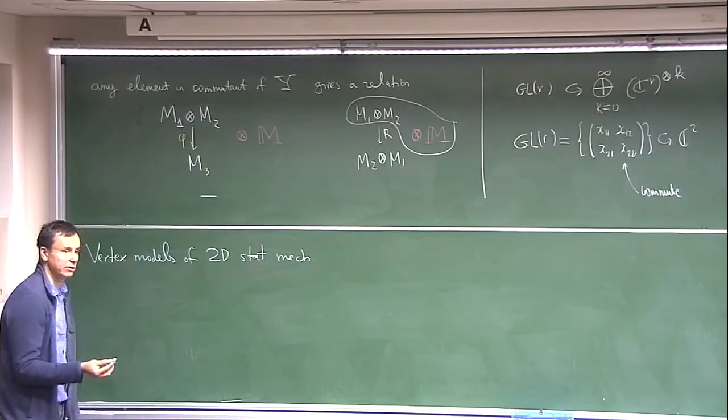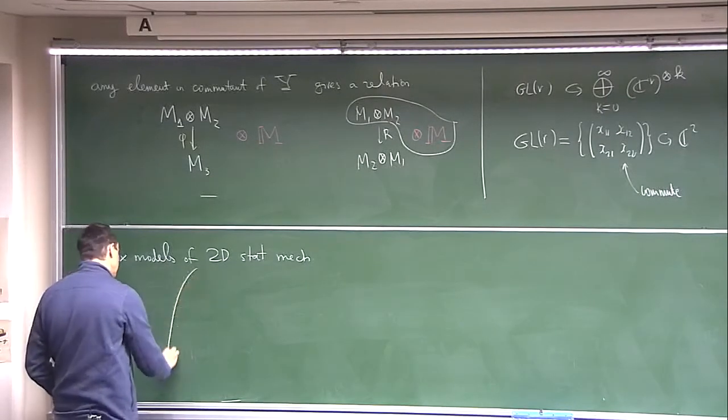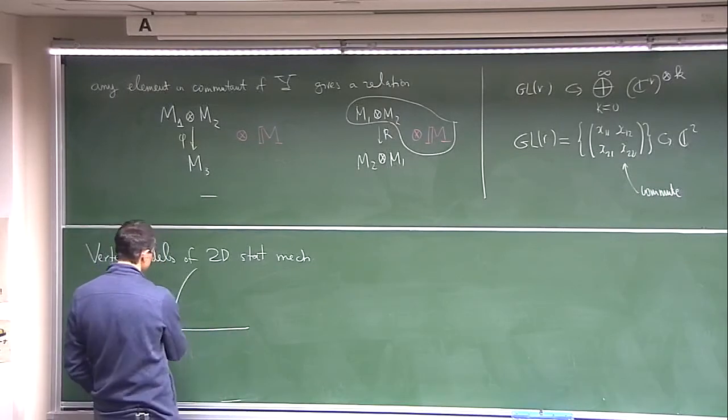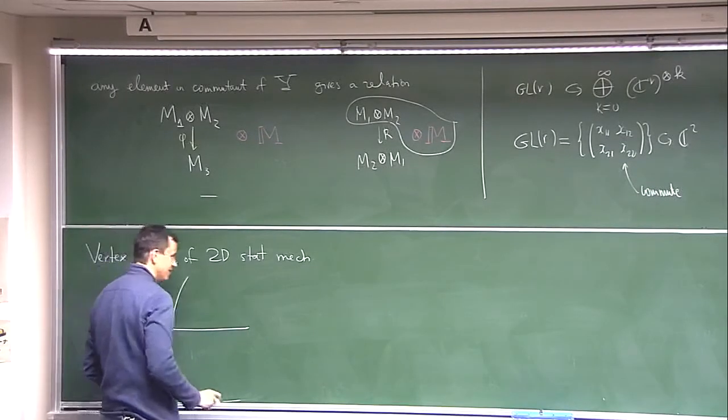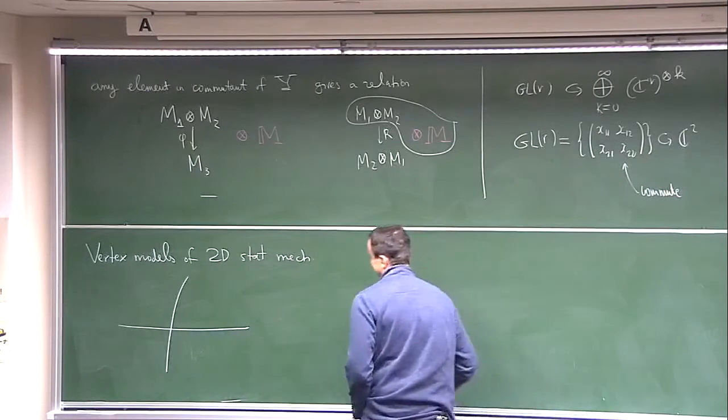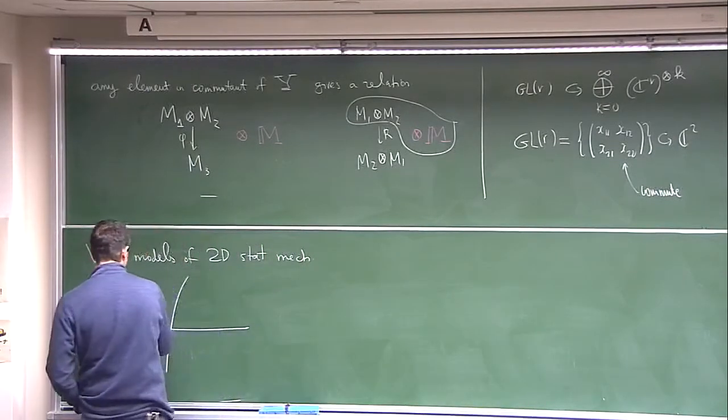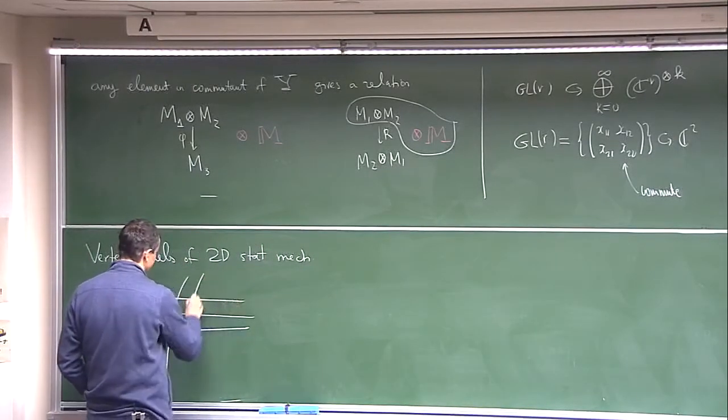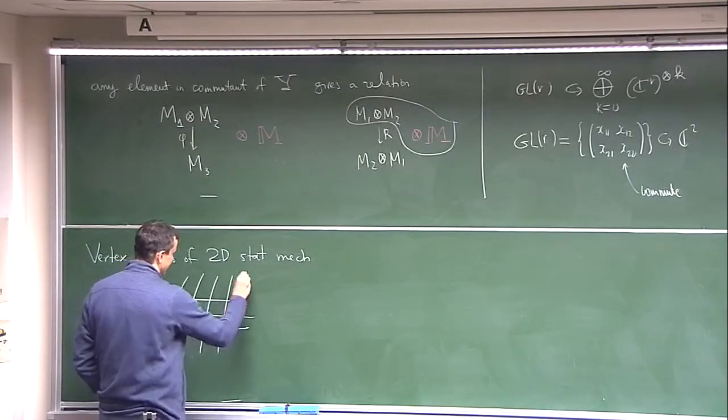So what's a vertex model? You have a graph, and we'll start with some graph which looks like a regular graph, something like this.